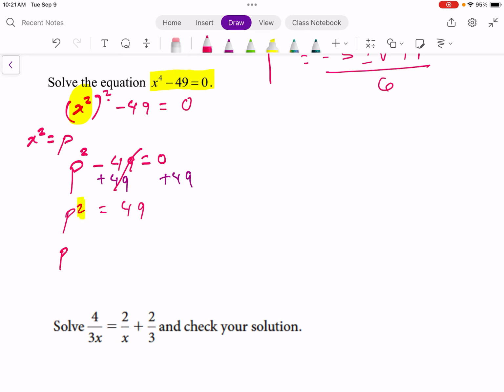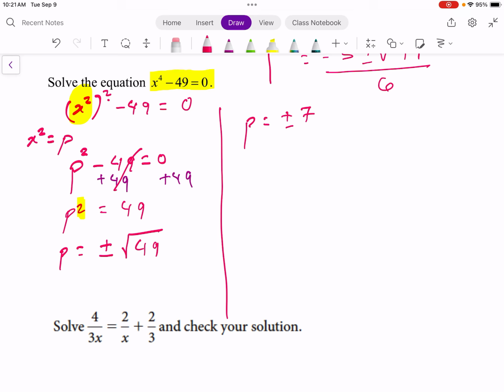When we get rid of the square from p, we get positive or negative square root of 49. Now we know the square root of 49 is 7. So p is positive 7 or negative 7.